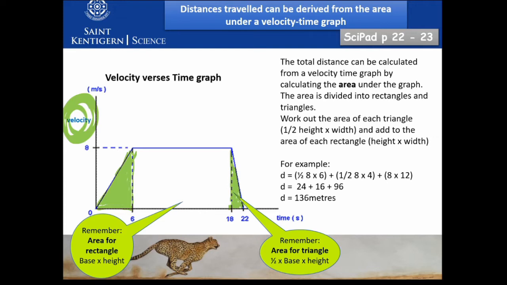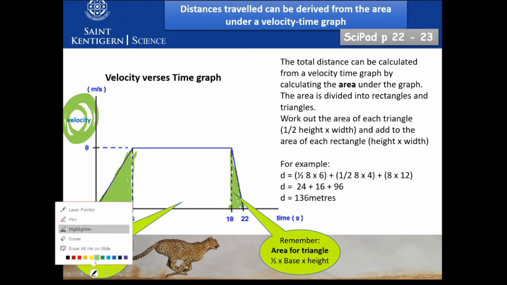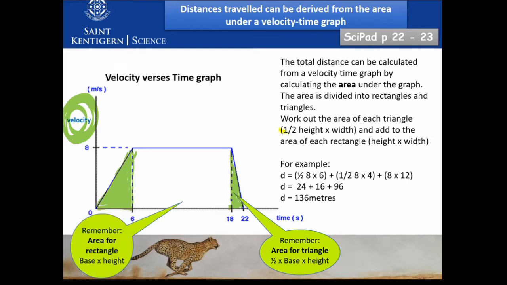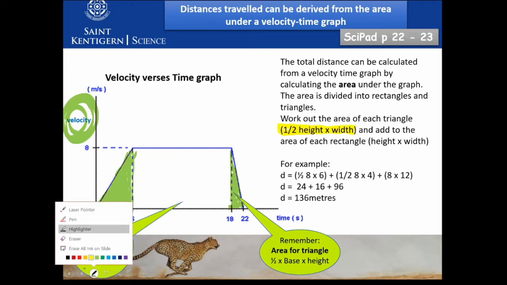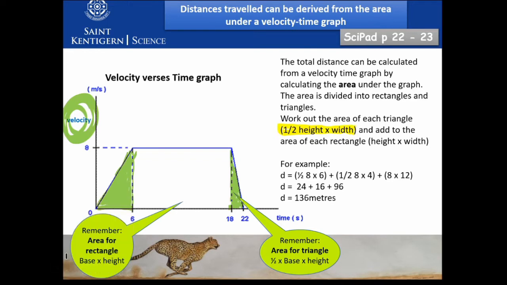Now, a triangle is always half the height times the width. The reason for that is that a triangle is half a rectangle. Because if that is a rectangle there, and you cut it in half, can you see that there's one triangle and there's another triangle?